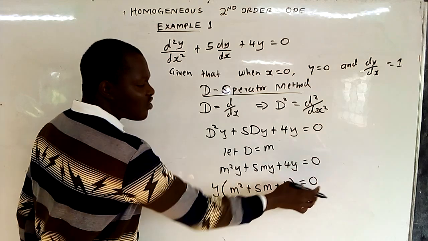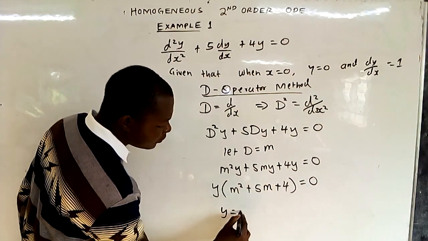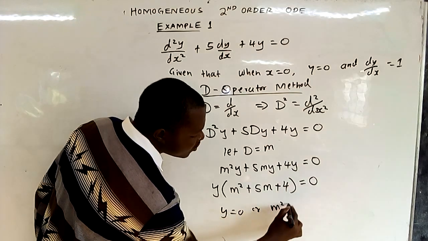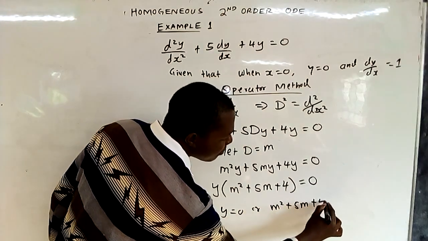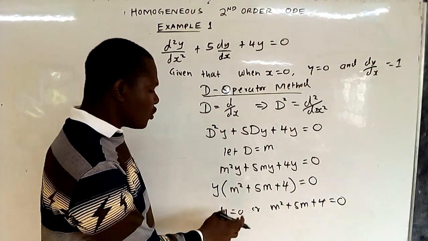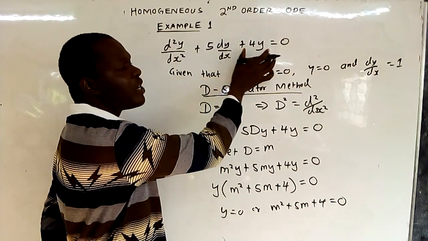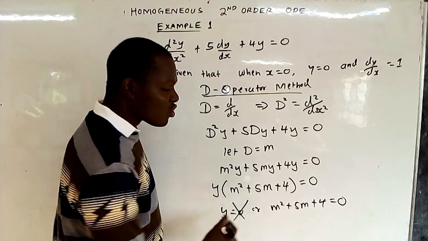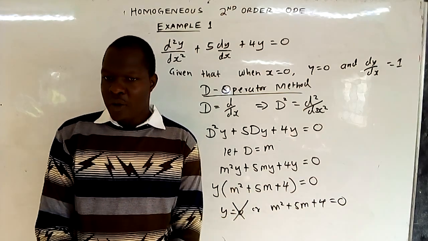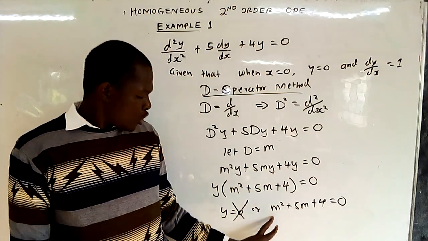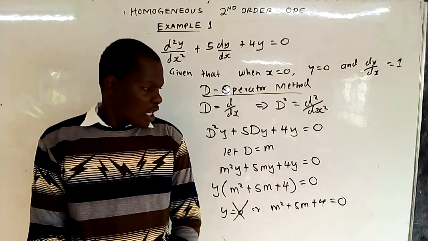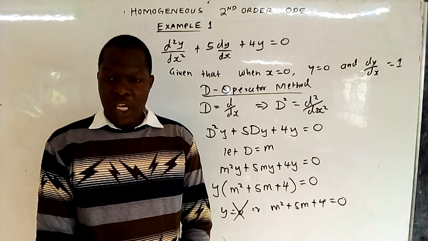So either y is 0, or the second factor, m squared plus 5m plus 4, equals 0. When y is 0, it means our second order homogeneous ODE does not exist. So the second equation is the auxiliary equation.